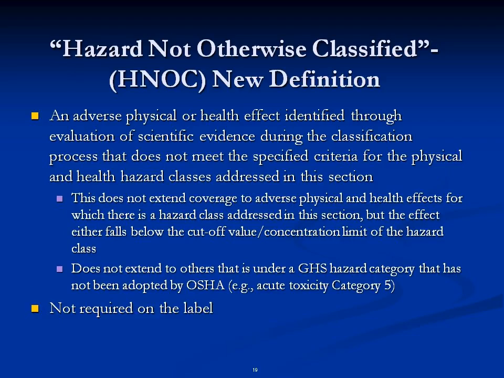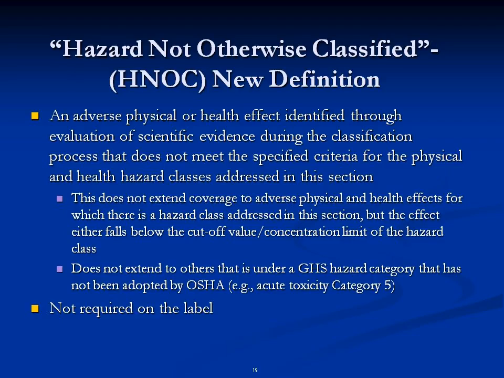Hazards not otherwise classified is a concept that they wanted included in the proposed standard. They just changed the title to HNOCs now because there's concern that there might be hazards that the classifier becomes aware of during the classification process, but that don't fit into any of the specific hazard classes of the GHS.